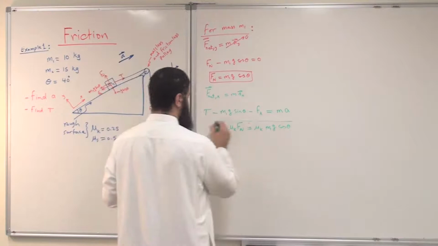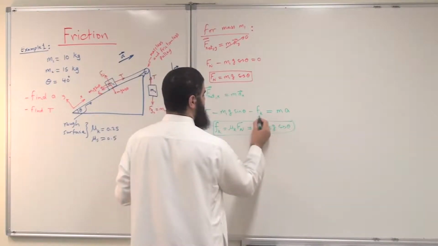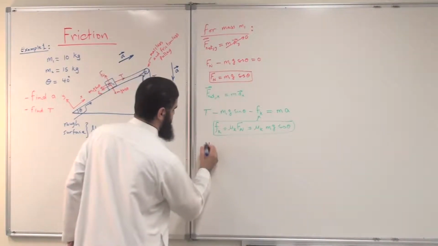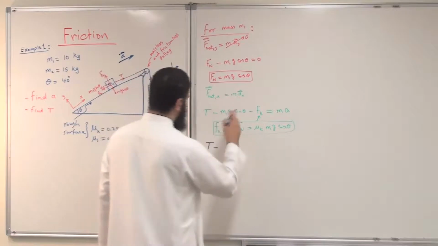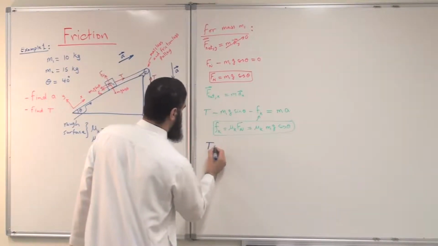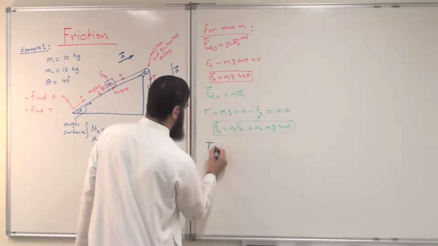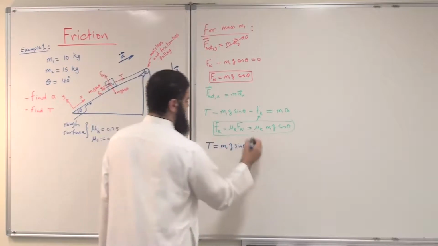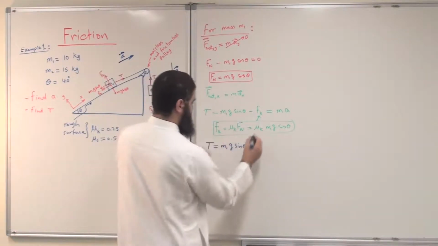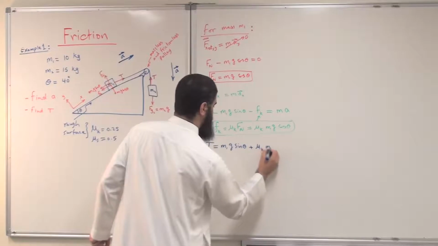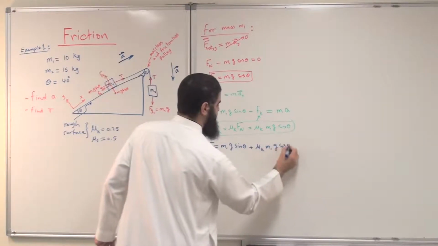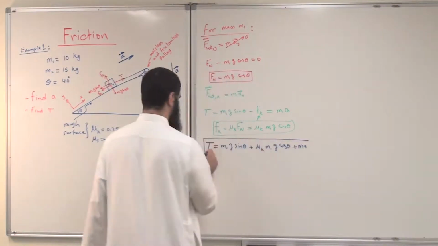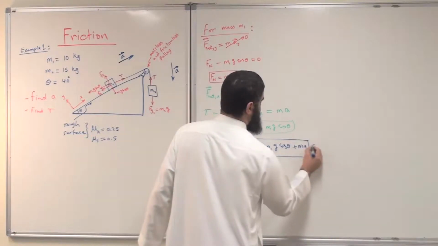So we have to keep this in mind and plug it here, and we'll find that T equals m1 g sine theta plus Fk, which is mu k m1 g cosine theta, and don't forget ma, so this is plus ma. Okay, that is all. I call it equation number 1.